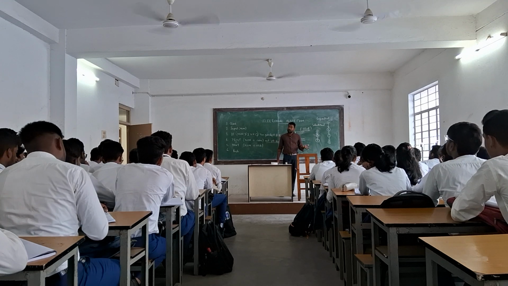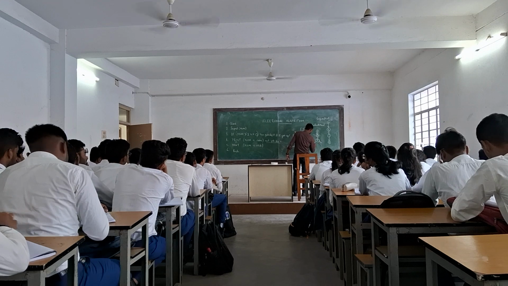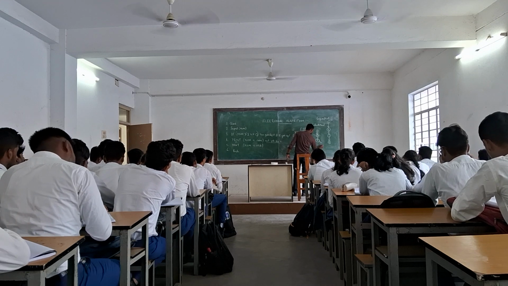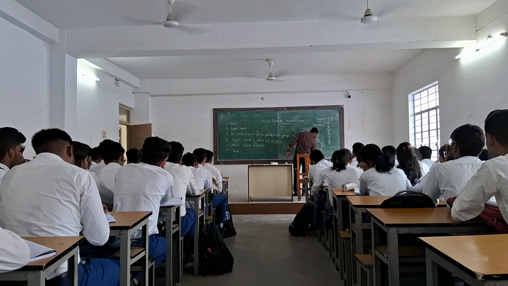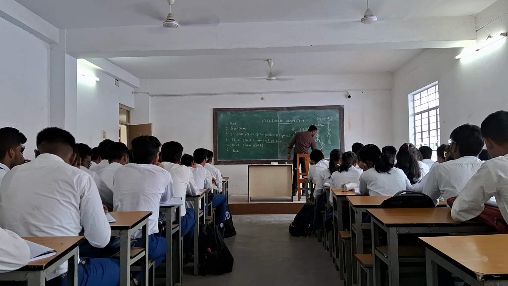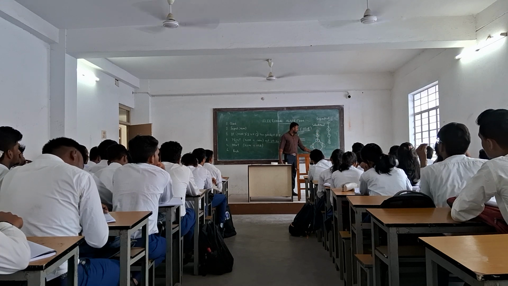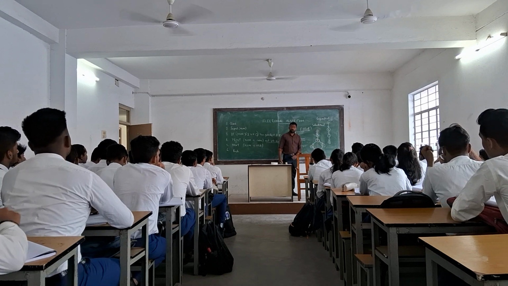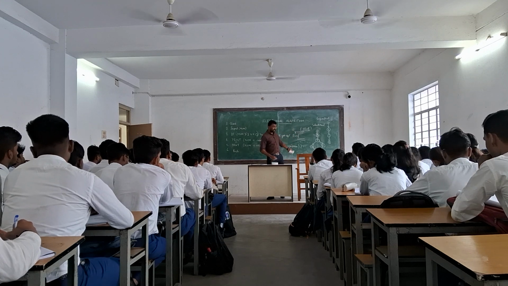Either it will be true or it will be false. Then 4, 5. And the arrow is always important, otherwise you don't understand in which direction it will flow. This is that simple step.